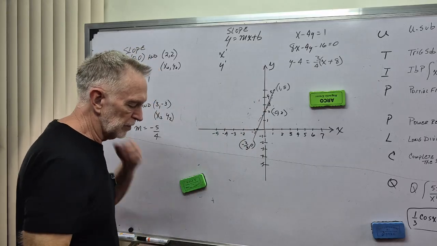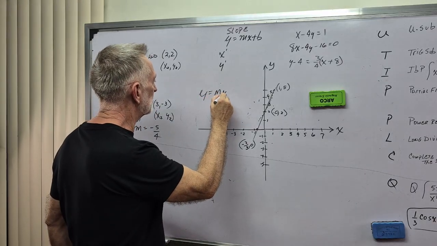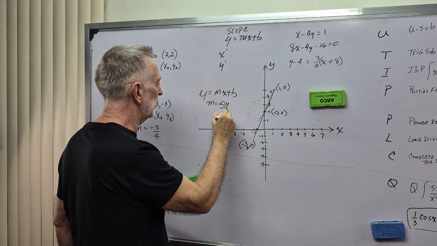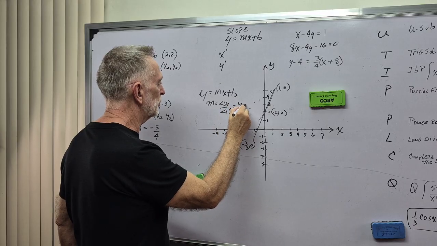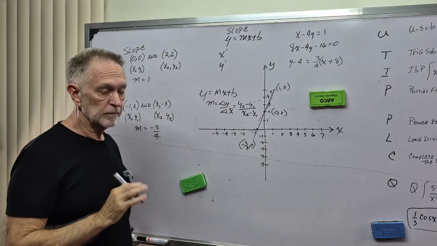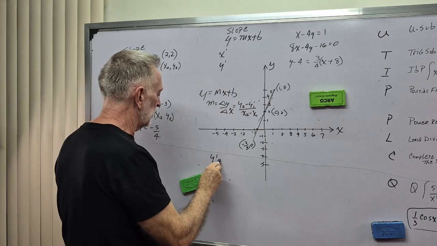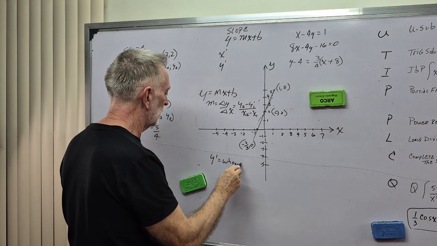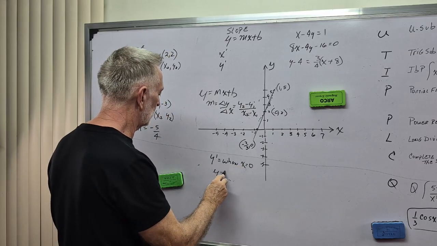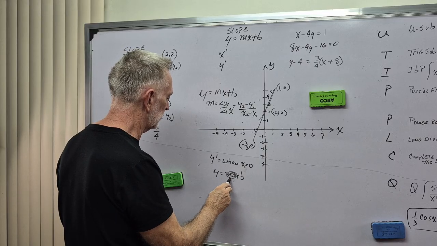Now, let's go over it one more time. We have y equals mx plus b. M is the slope, change in y over change in x. That's y sub 2 minus y sub 1 over x sub 2 minus x sub 1. Okay? The y-intercept is when x equals 0. So y equals mx plus b. If x is 0, this is gone.